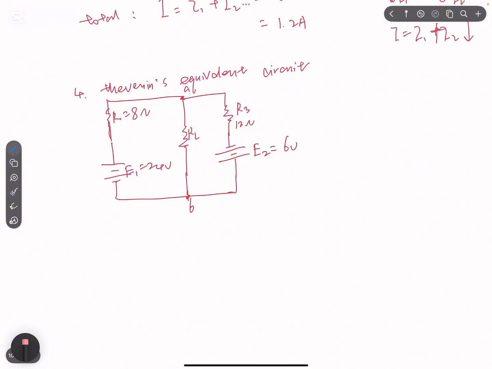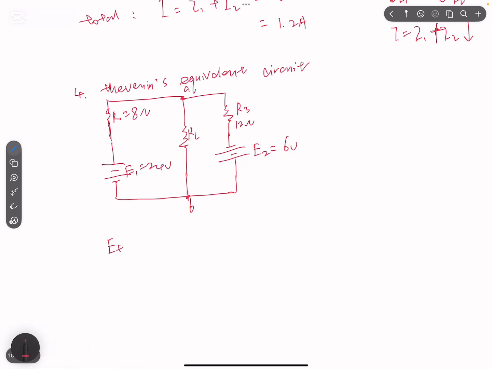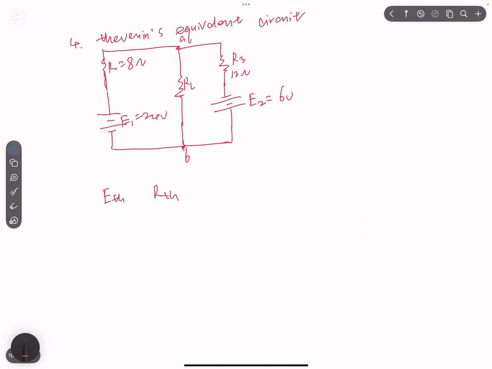So basically we need to find ETH and RTH. In order to find the RTH, we need to remove the load and also replace the voltage source with the short.